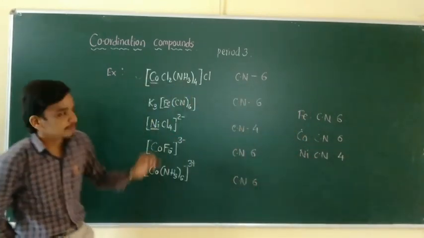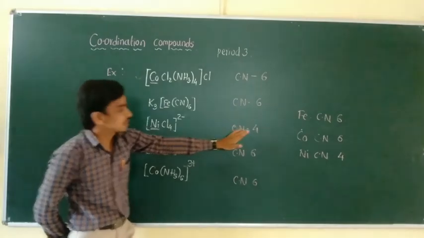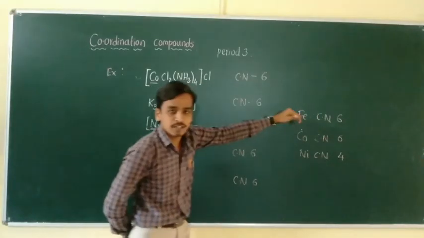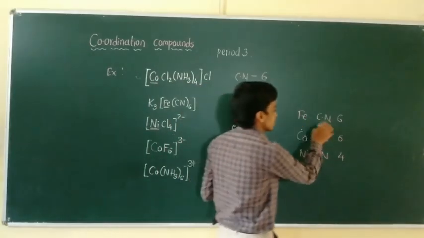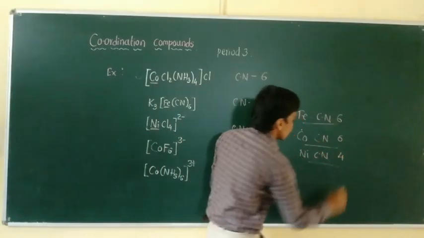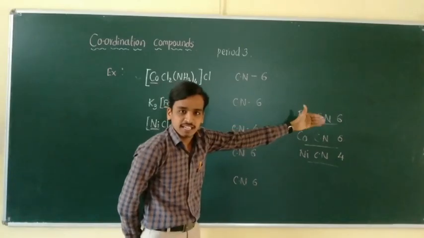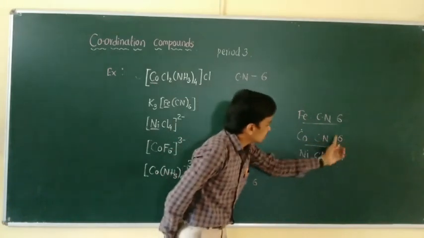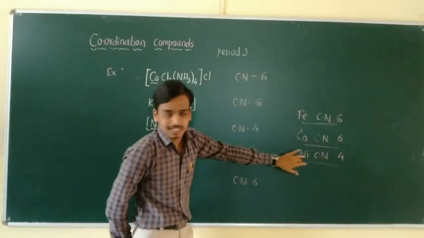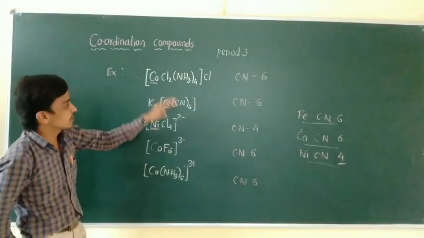This is also an important factor: the coordination number is fixed with respect to the particular metal. Why it is fixed will be studied in further parts of this chapter. But before that, remember: where there is iron, the coordination number is 6 in any condition; where there is cobalt, again 6; and where there is nickel, the coordination number is 4.